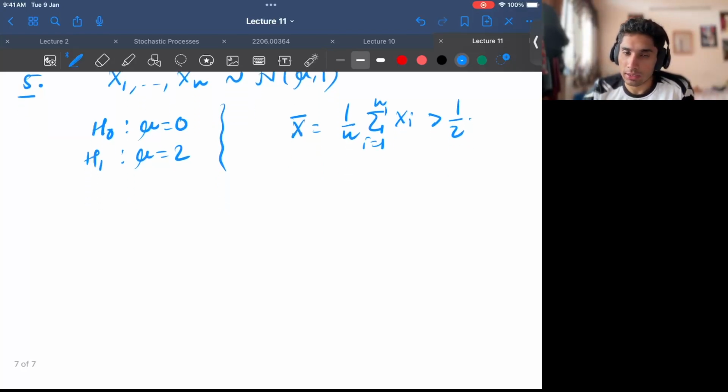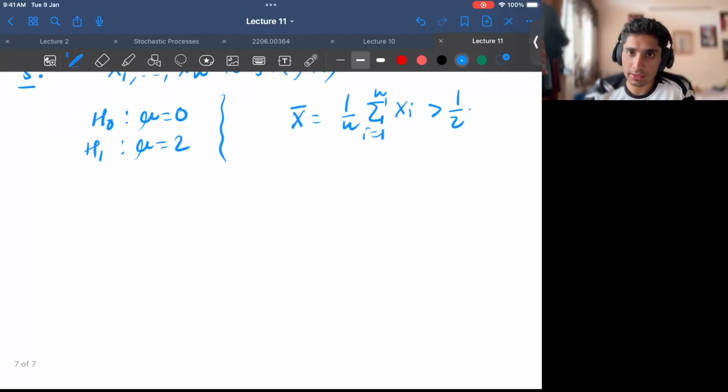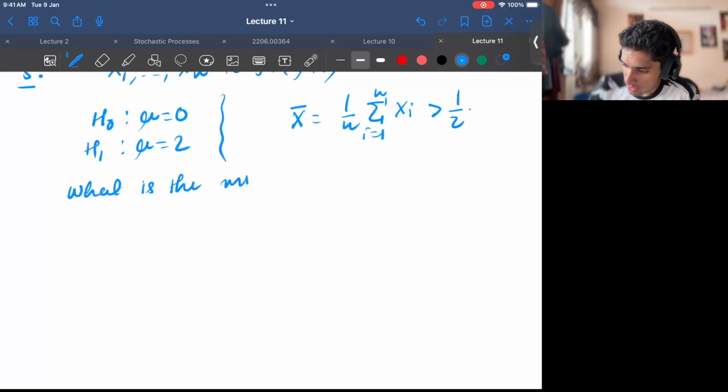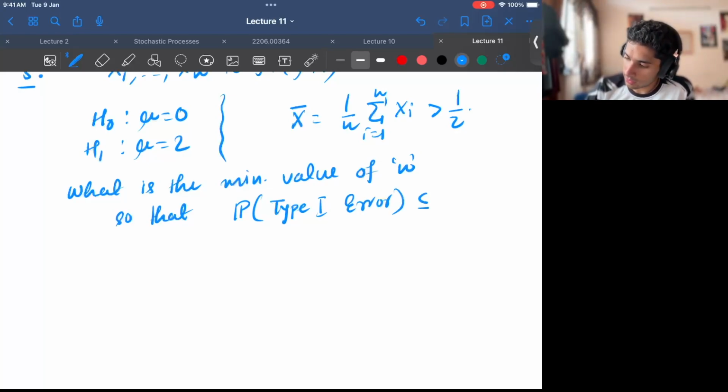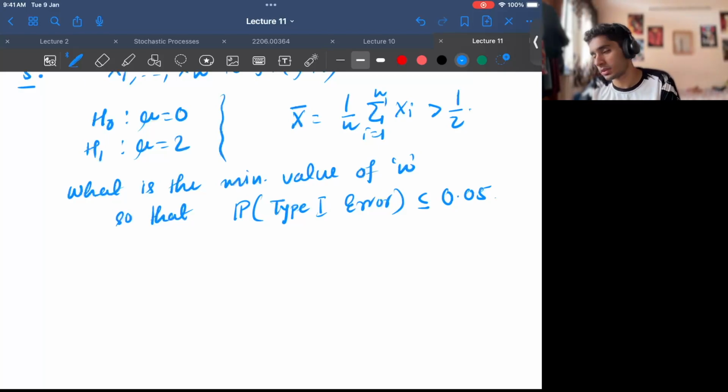Okay. So then the question is, what is the minimum value of n, the number of samples, so that the probability of type 1 error is less than or equal to 0.05, right?